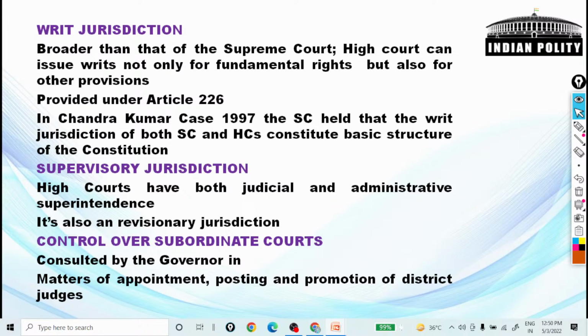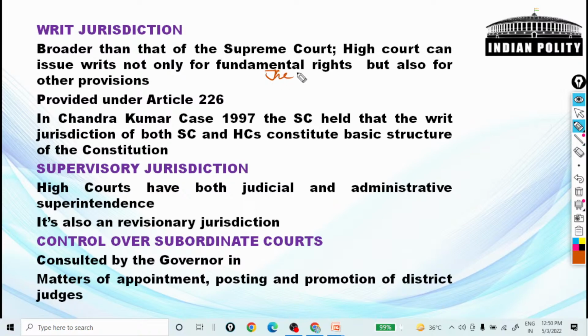However, the High Court can also issue writs for other purposes. So Article 226 is wider than Article 32. Under 226, High Courts can do all things, but under Article 32, the Supreme Court can issue writs only for the enforcement of fundamental rights, not for other purposes. Hence it is called the writ jurisdiction of the High Court.